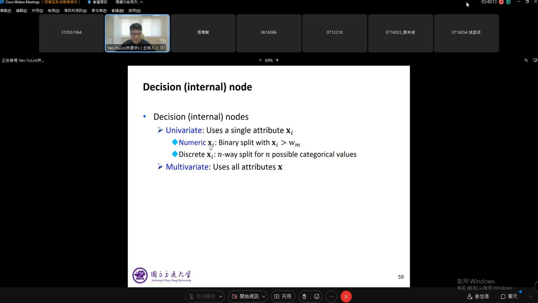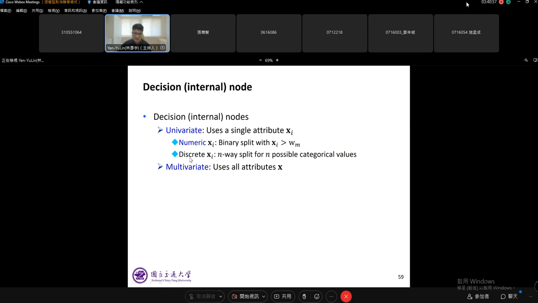For example, if this single feature or attribute is real value, so it is a numerical value, the decision function could be given in this form: Xi is larger than some particular threshold Wm. So according to this statement, we can split the data points into 2 subsets.